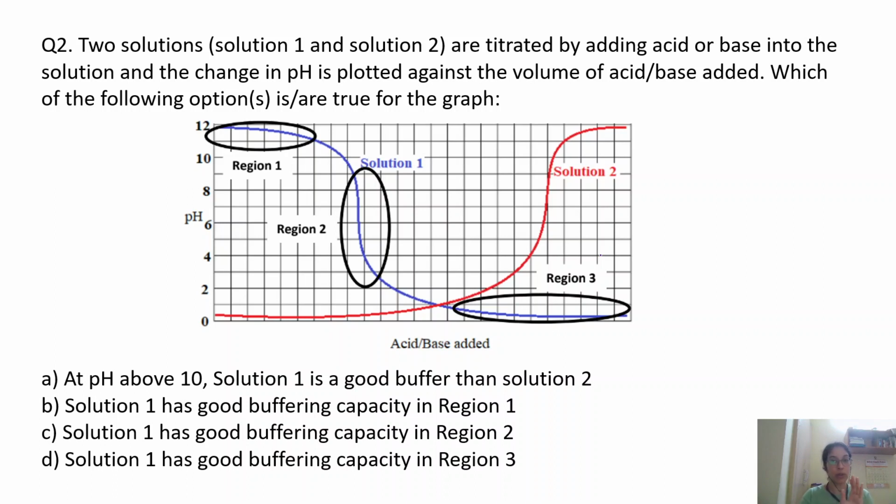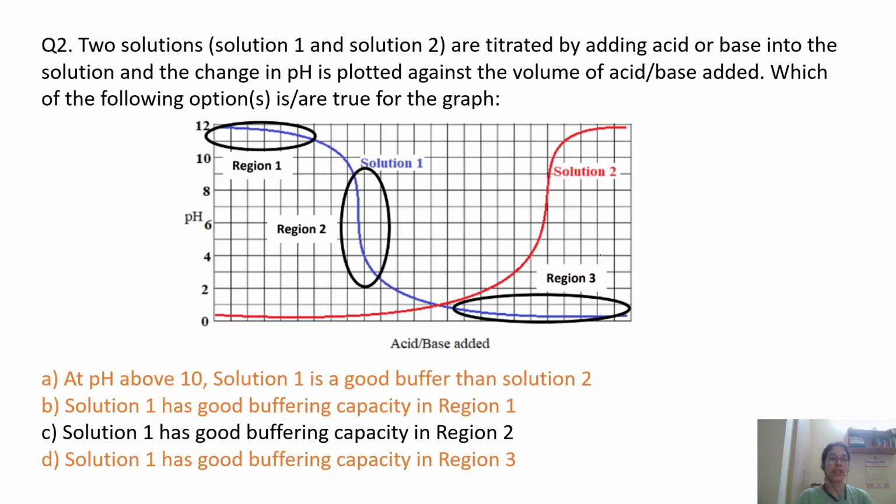So what I have told is whenever there is a good slope, meaning a smaller slope, then that solution is acting as a buffer in that particular pH range. So please have a look at the graph properly and let me know what is the correct answer.